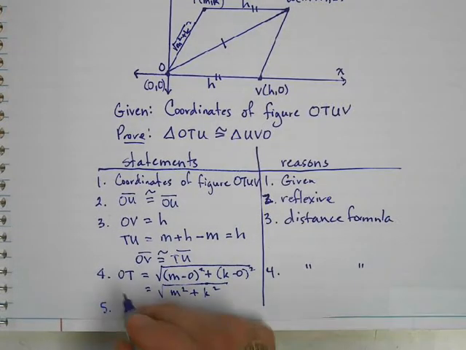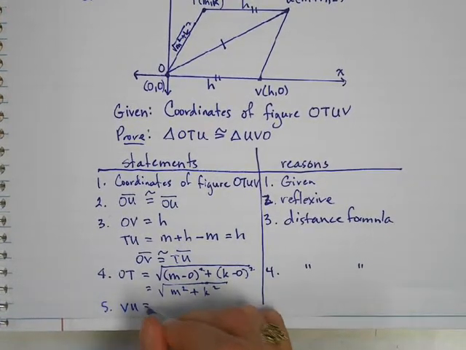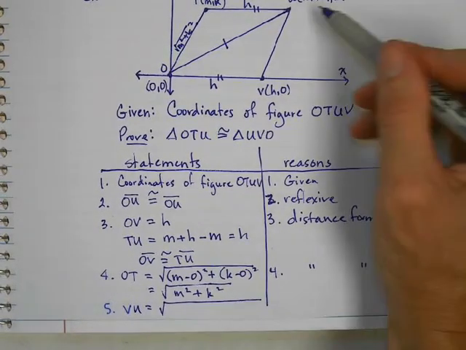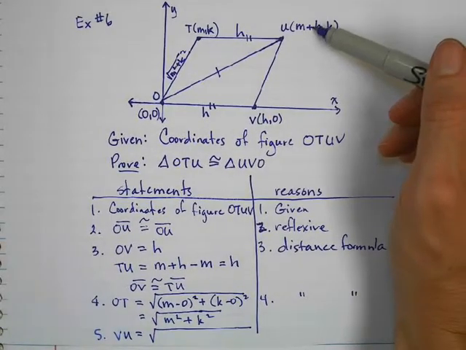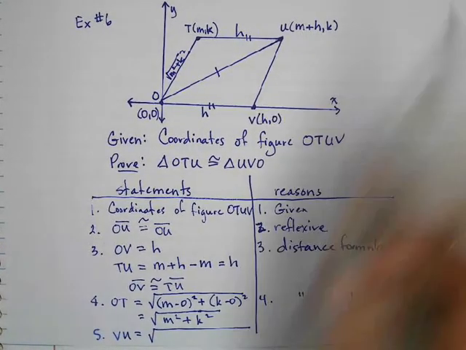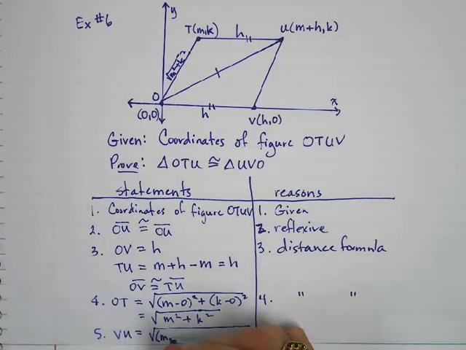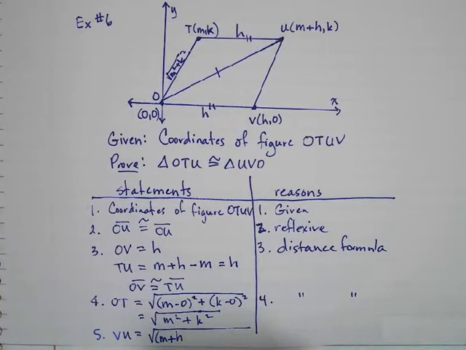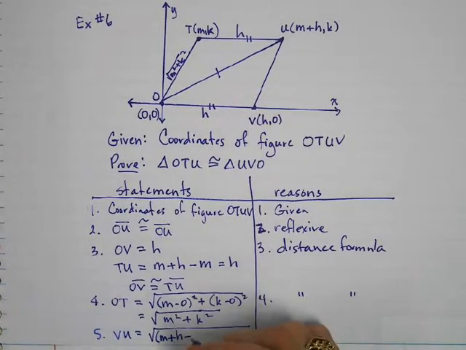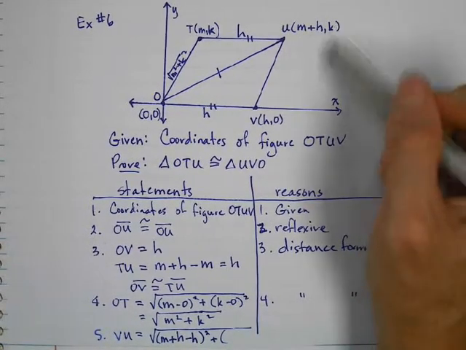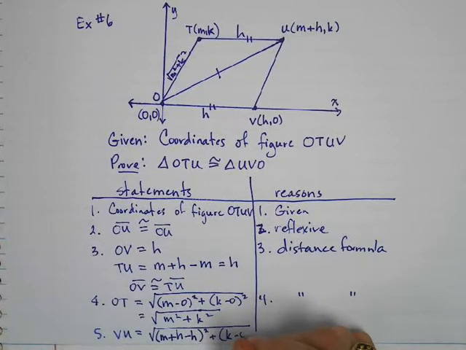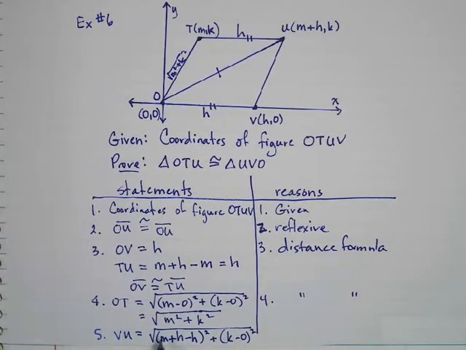Now I'm going to find the distance of this line, which is VU. X2 minus X1. So X2 is m plus H, minus X1, which is H, squared, plus k minus 0 squared. Those are my y's. If I simplify this, do you see those h's are going to cancel out, so all you have left is m.